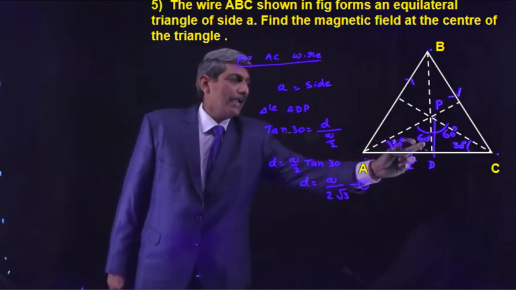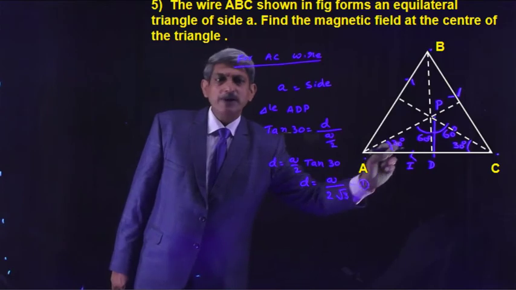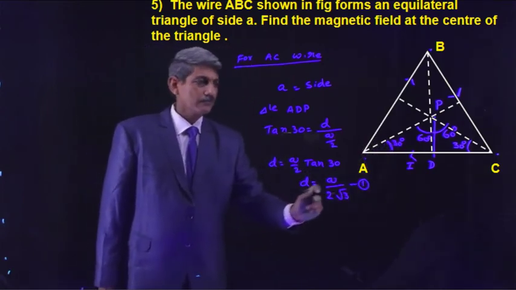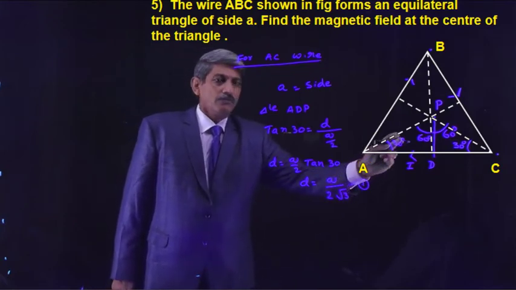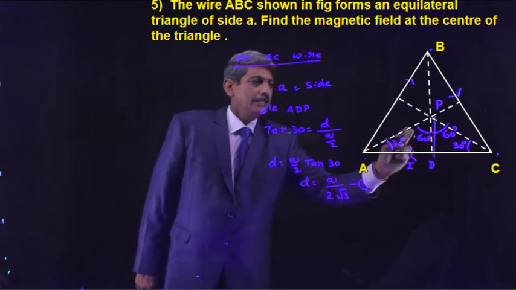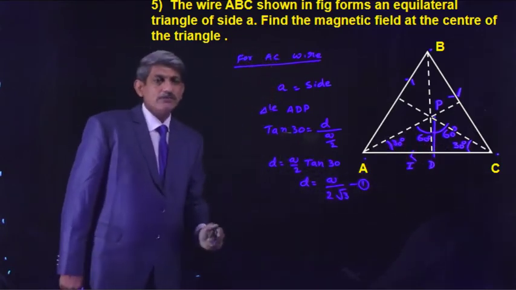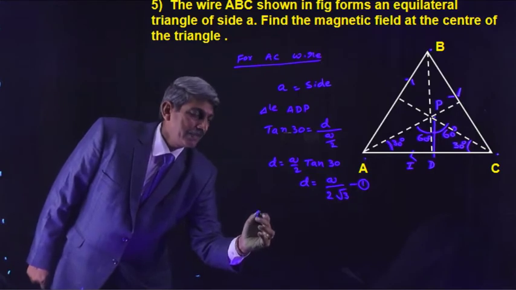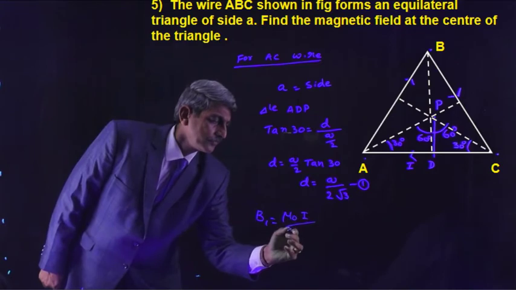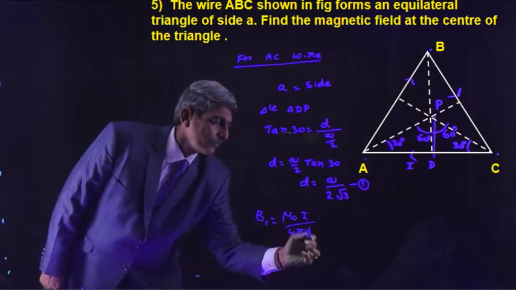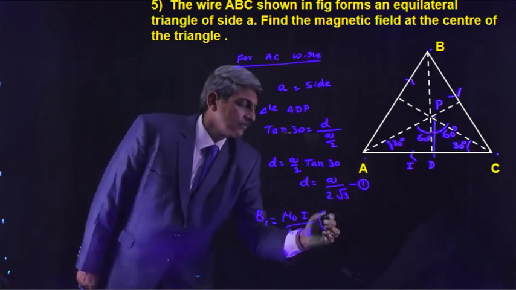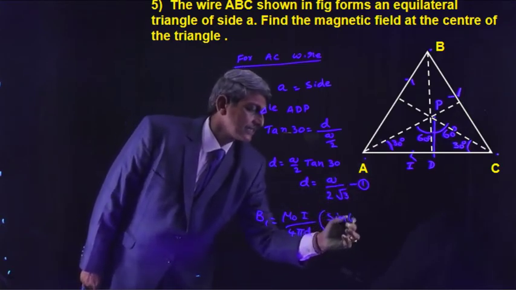We know the angles elevated by the points A and C at this point P. Using that, we have the magnetic induction B1 is equal to mu naught I by 4 pi D into sin alpha plus sin beta, which is equal to sin 60 plus sin 60.